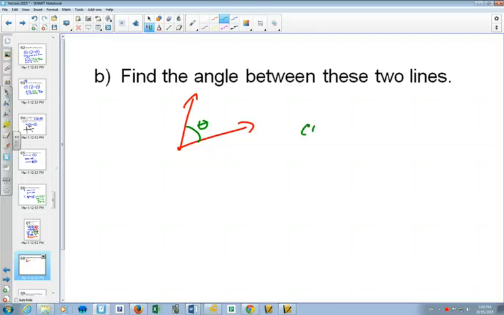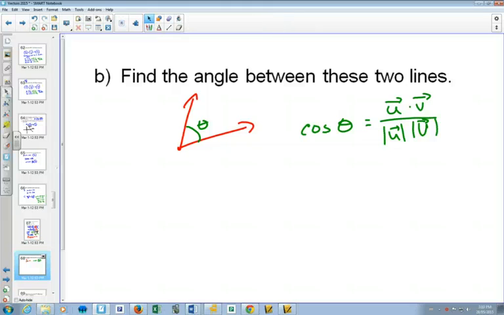Now we learned the other day that cos of an angle is equal to the dot product between two vectors divided by the length of each of the vectors. And all we have to do is decide which are the correct two vectors to use to figure this out.